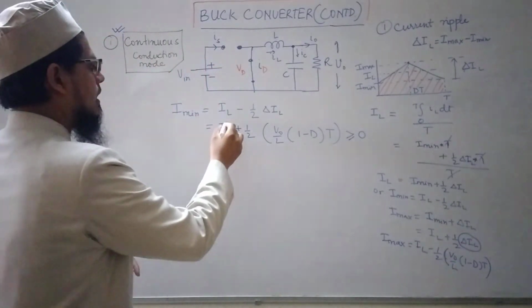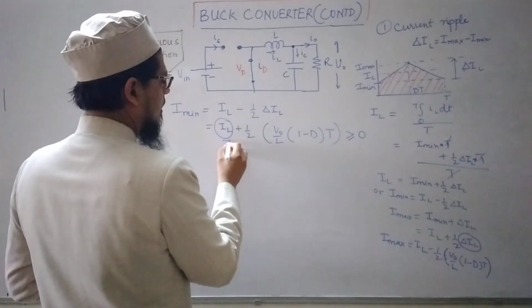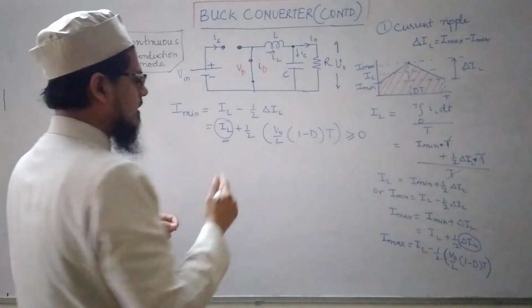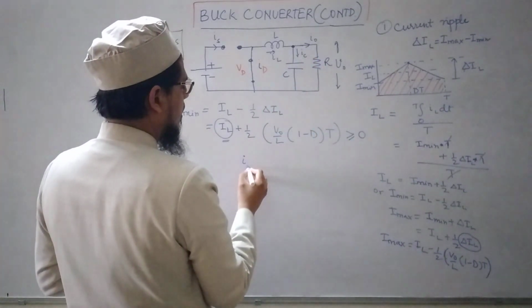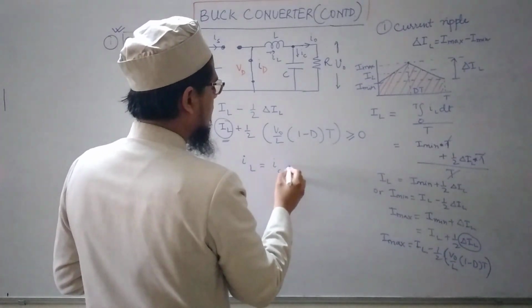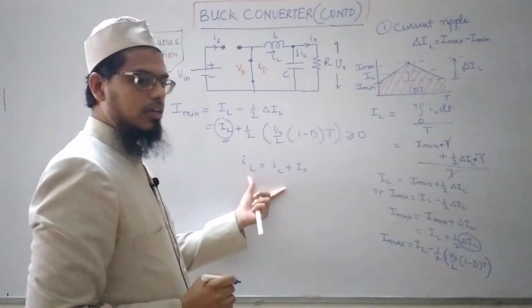Now what about this IL? Can I write down this IL in any other form? Yes, I can. You could see here that small iL is equal to small iC plus i naught, for any instant.